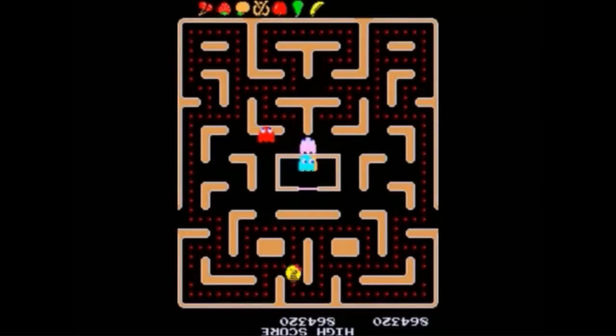Now, Miss Pac-Man, its kill screen occurs when there is a problem with the slow ghost bit data that was written in the game.